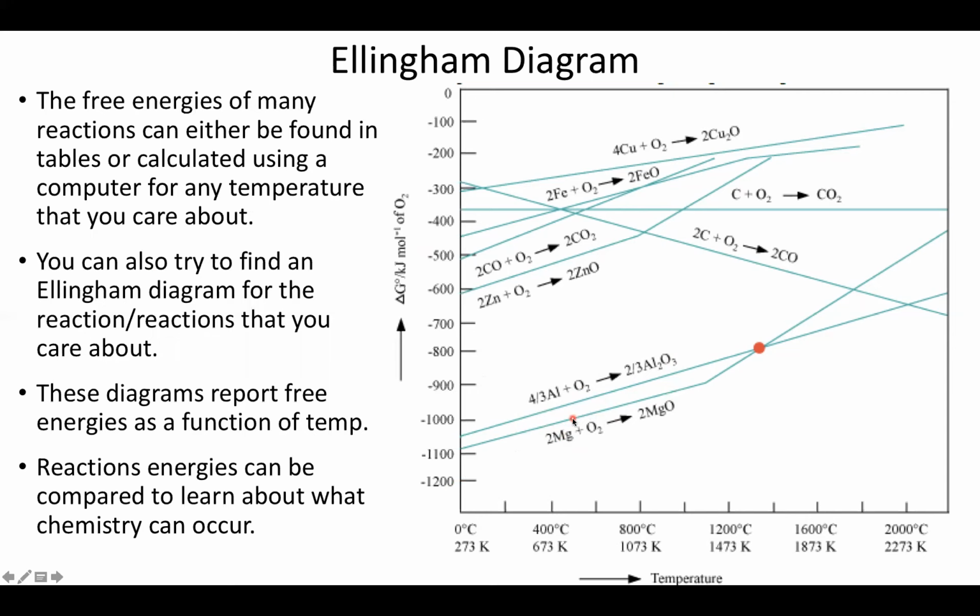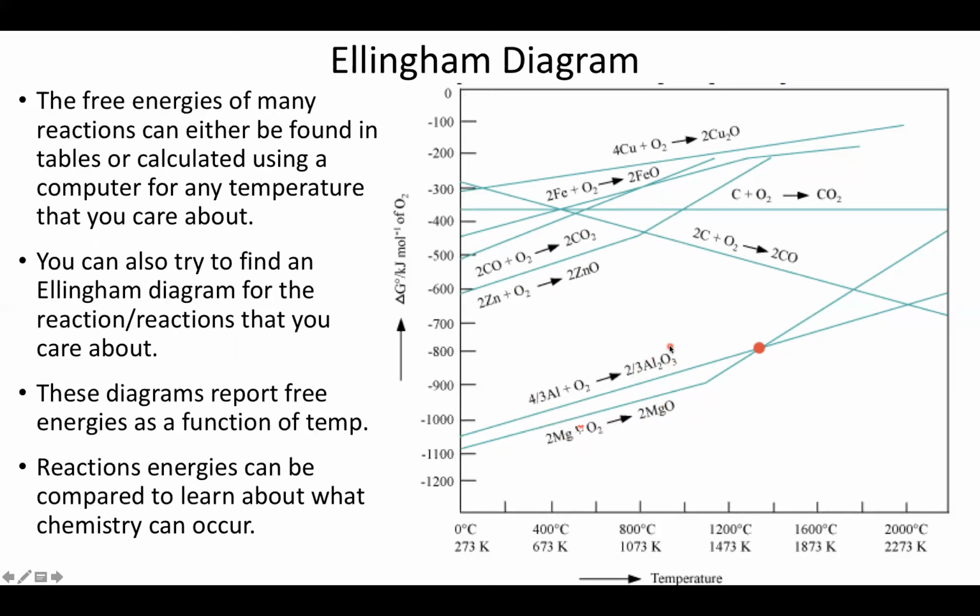So if I mixed magnesium and aluminum oxide, magnesium is going to steal all of the oxygen from the aluminum oxide because it is a much more favorable reaction. So typically what you can imagine is if I pair any two of these lines, the bottom reaction will steal the oxygen from any other product species.